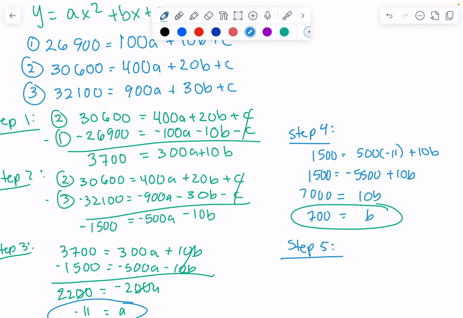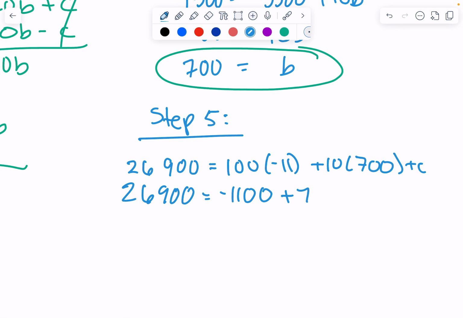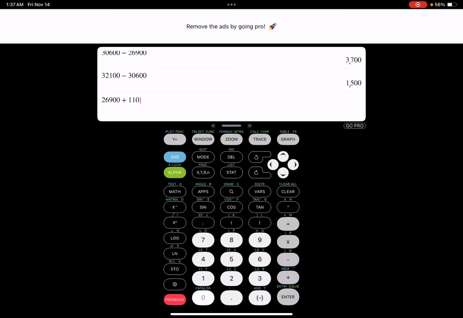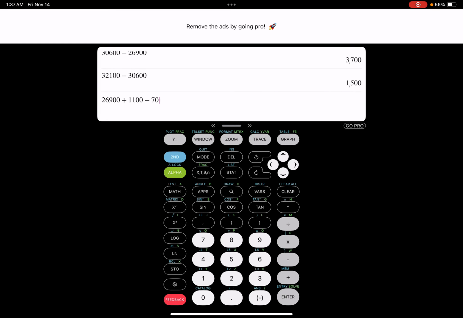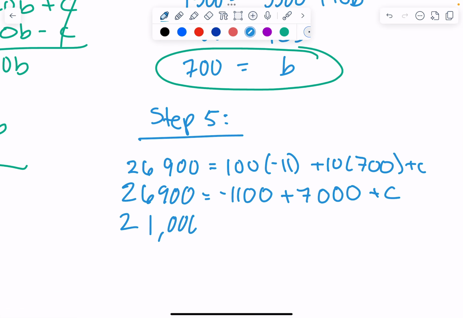So I'm going to do equation 1, 26,900 equals 100 times negative 11 plus 10 times 700 plus c. 26,900 plus 1,100 minus 7,000, 21,000 for c.